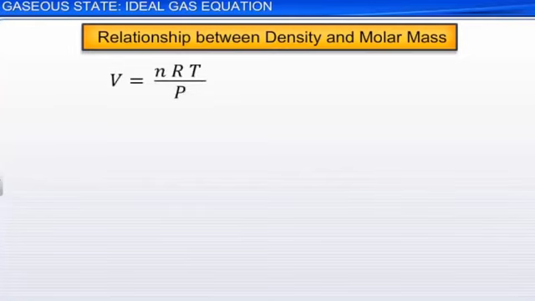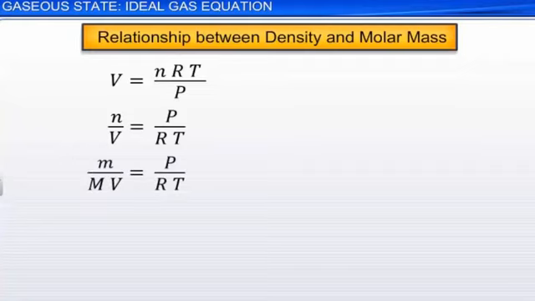On replacing the number of moles n with the mass of the gas m by M, we get the equation m divided by M into V is equal to P divided by RT, where M is the molar mass of the gas. We know that m by V is equal to d, where d is the density of the gas.